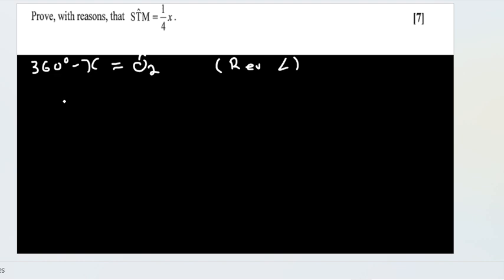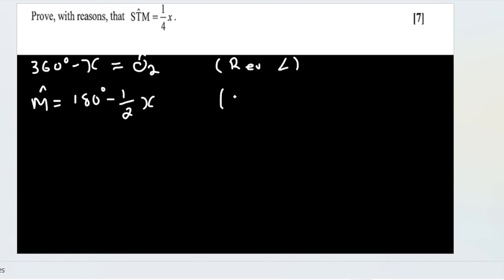After that, tell the marker that angle M is equal to 180 degrees minus 1 over 2 X. Tell the marker that this is because O2 was divided by 2. You can just say O2 was divided by 2.